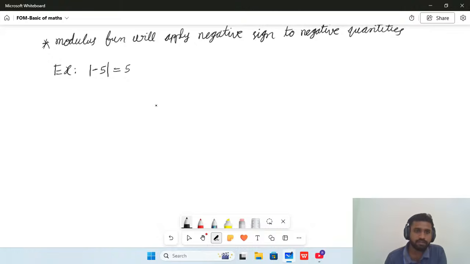Modulus of minus 5 will be equal to 5, but internally, first it will open with the negative sign, which is minus of minus 5, so that the output will be 5. Okay, this is what is happening internally, but directly we can write modulus of minus 5 is equal to 5.